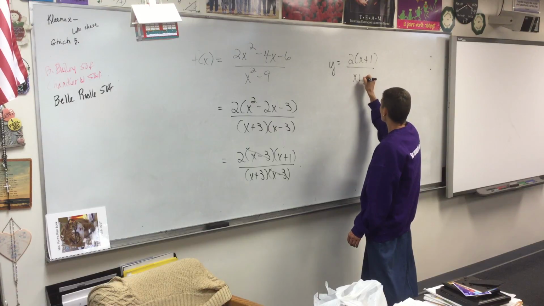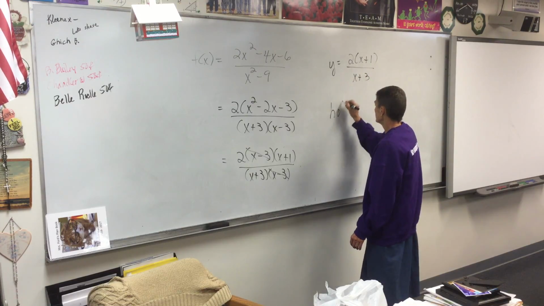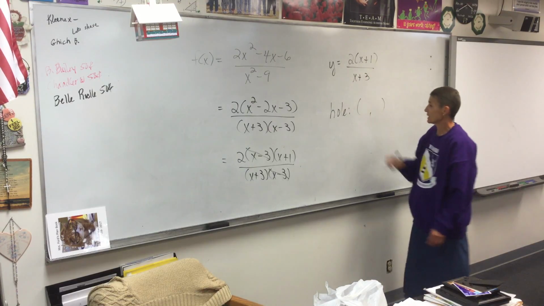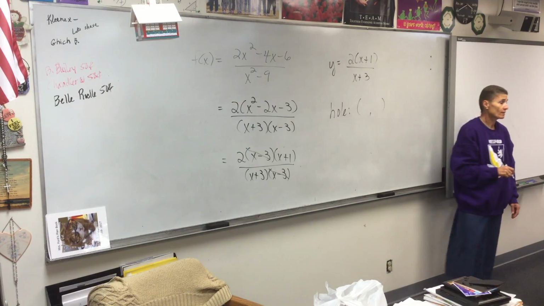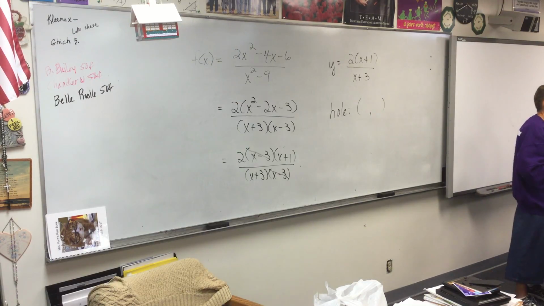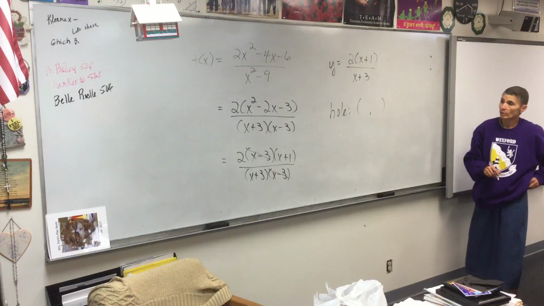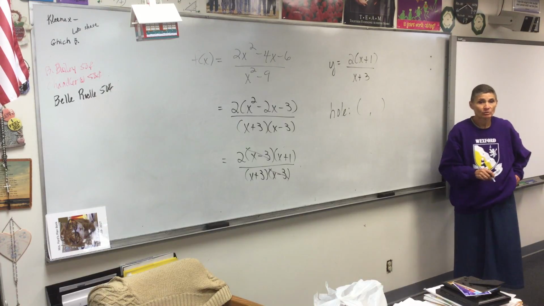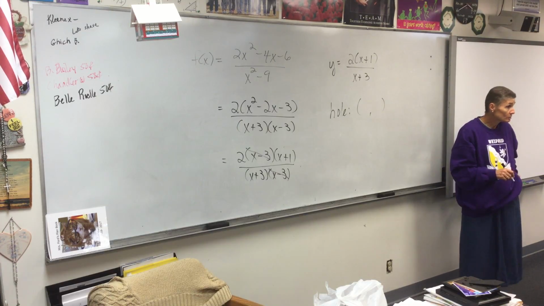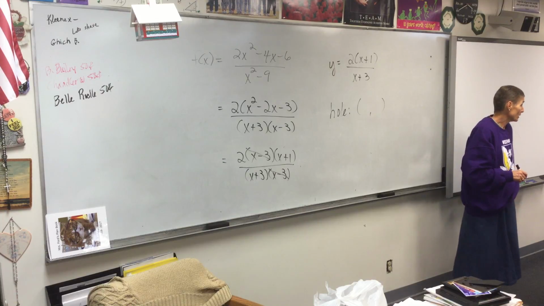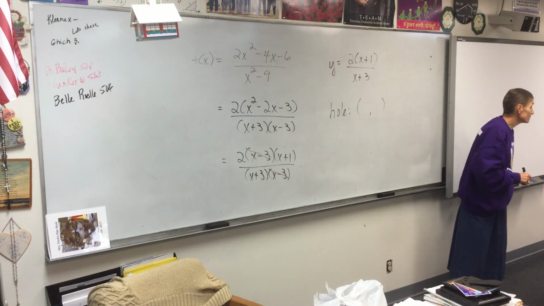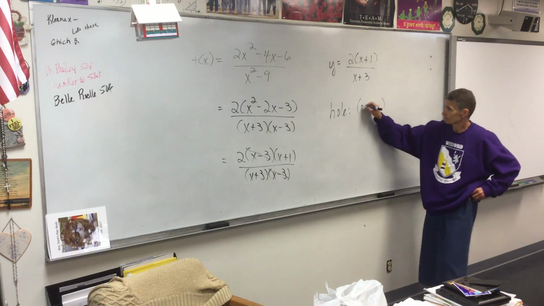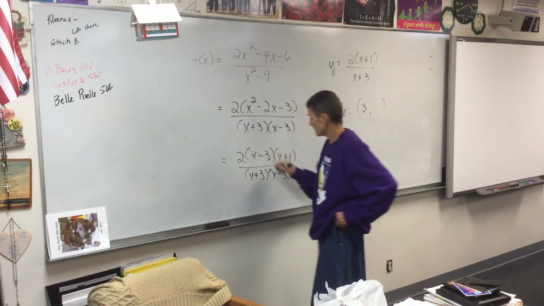So before I go any farther and end up forgetting, I'm going to take care of figuring out where that hole is. The hole will be at whatever factor you canceled out. So x will be 3. That's the factor we canceled out.